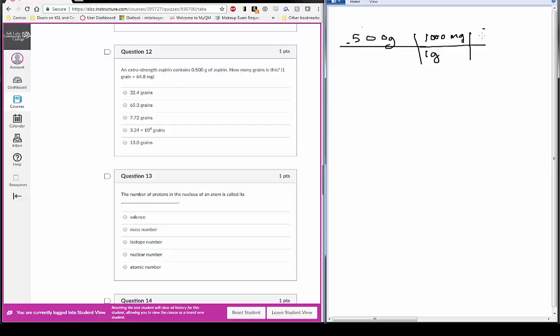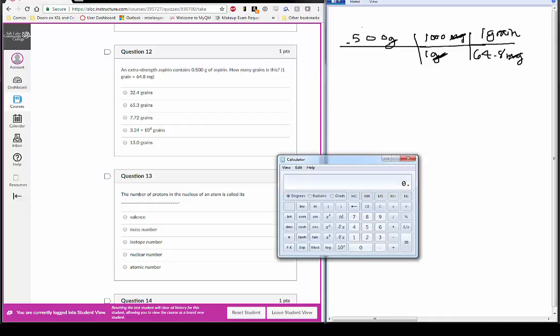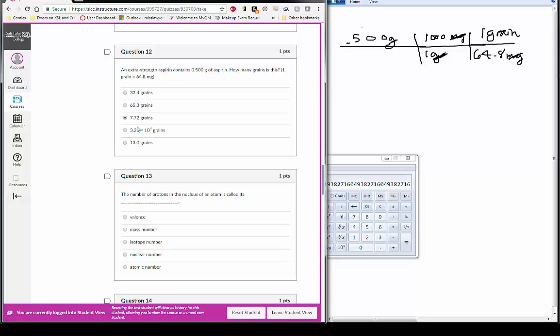And 1 grain, put this on top, is 64.8 milligrams. I did that so my milligrams would cancel, grams cancel, and I'm left with units of grains. That gives me 7.72 grains.